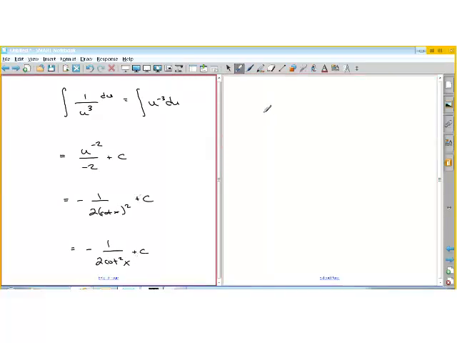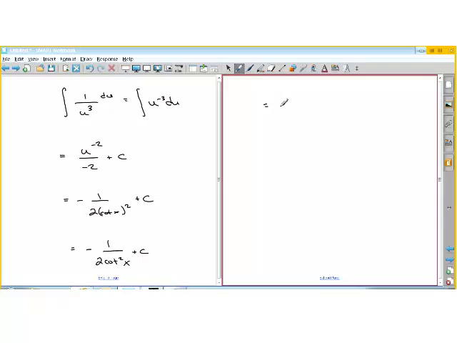So this little trig identity stuff. So we could say that's negative the tangent squared of x over 2 plus c, because the cotangent is 1 over the tangent. And then what you could do is use one of the Pythagorean identities. The one that I remember is this.